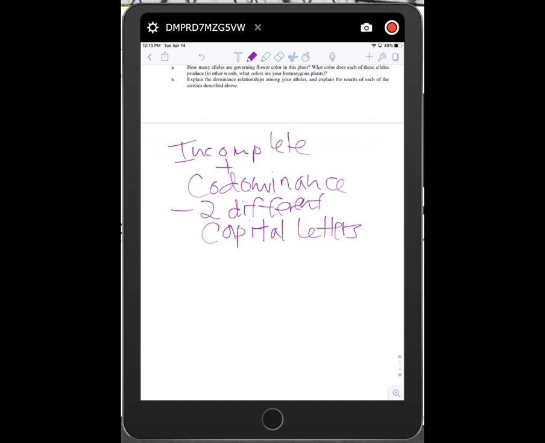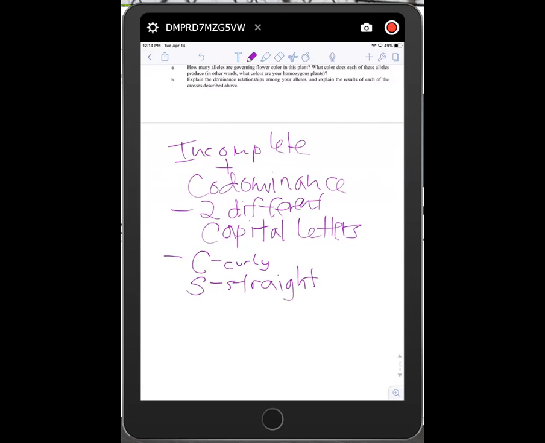So if you have both an allele for curly and an allele for straight, then you would get wavy. So for example, capital C would be curly. And then you're going to use a different capital letter for straight. So I'm going to use S for straight hair, and that's also going to be capital because they're both dominant.